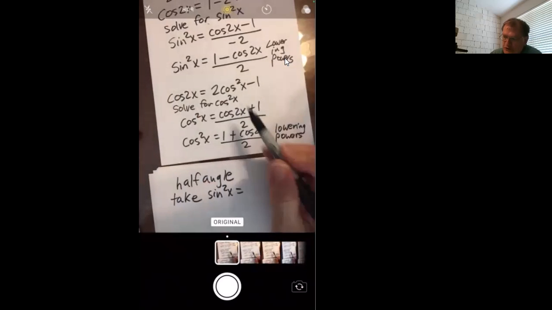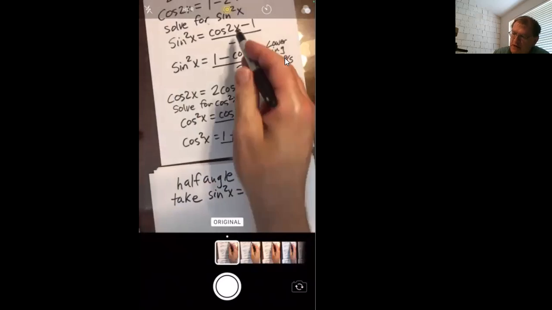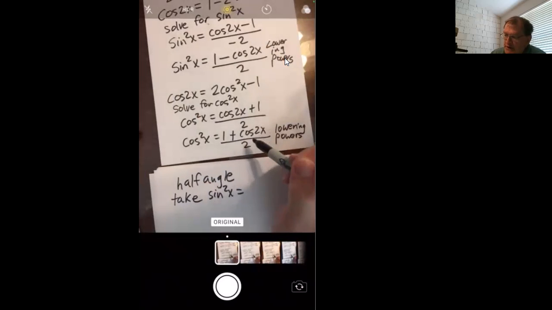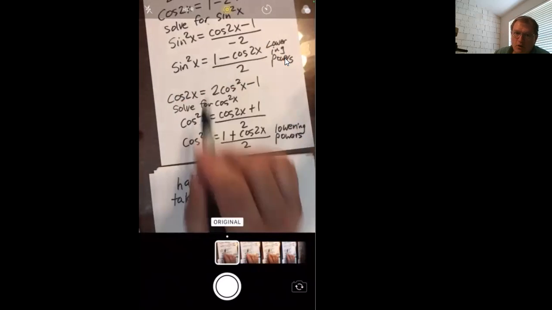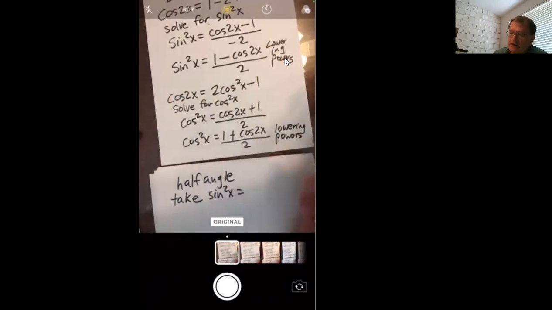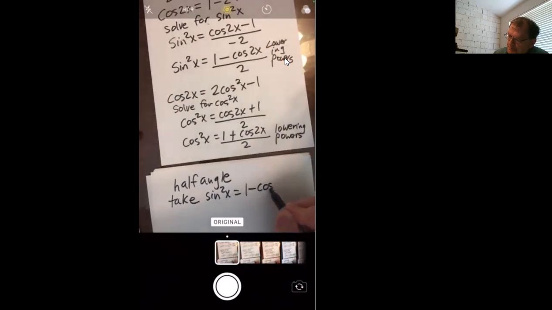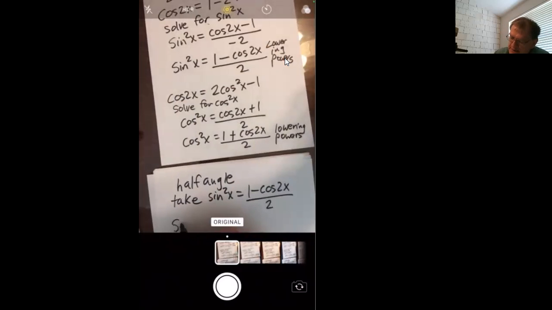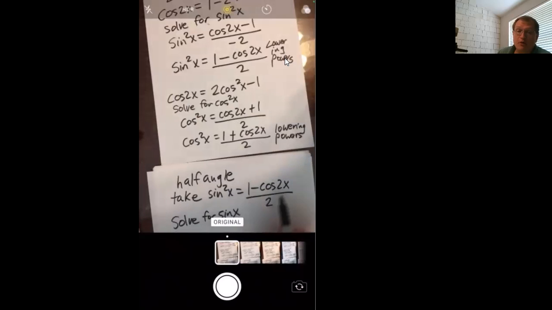That's because of the different versions of cosine of 2x. And the only difference between them, a sine squared has a 1 minus and a cosine squared has a 1 plus. Otherwise, they're identical formulas. All right, so take the first one here. Solve for sine x. That's pretty simple. You're just taking a square root.